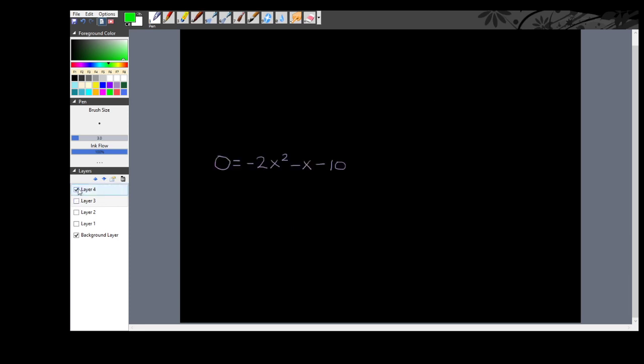All right, one last example to solidify this concept. Here I have a is negative 2, b is negative 1, and c is negative 10. If I plug that into b squared minus 4ac, I get negative 1 squared minus 4 times negative 2 times negative 10.